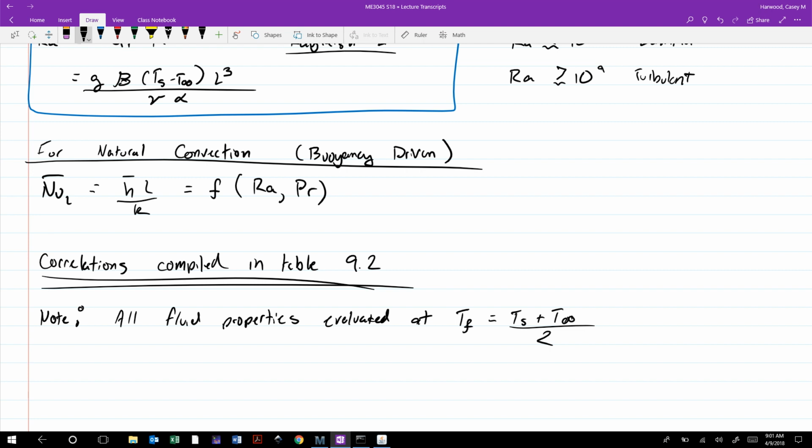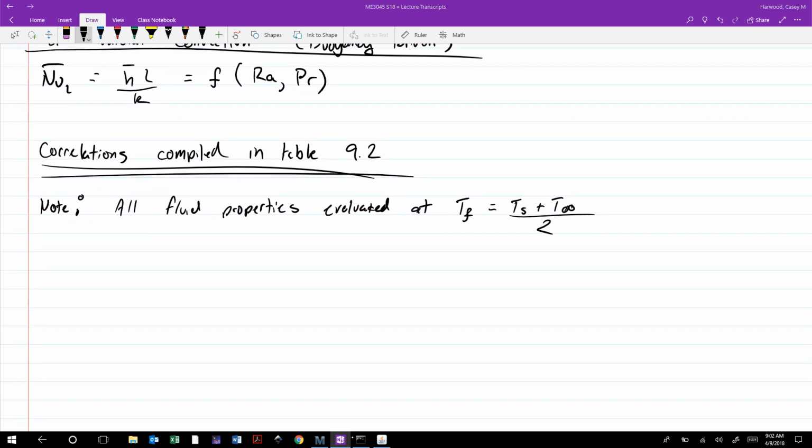You know the temperature of whatever is being convectively heated or cooled. You know the fluid temperature, the average. Get T_F. Look up your thermophysical properties of your fluid. Figure out what your length is. Then you can calculate the Rayleigh number and the Reynolds number. Find Nusselt number and get h out of that, and you're home free. Okay.